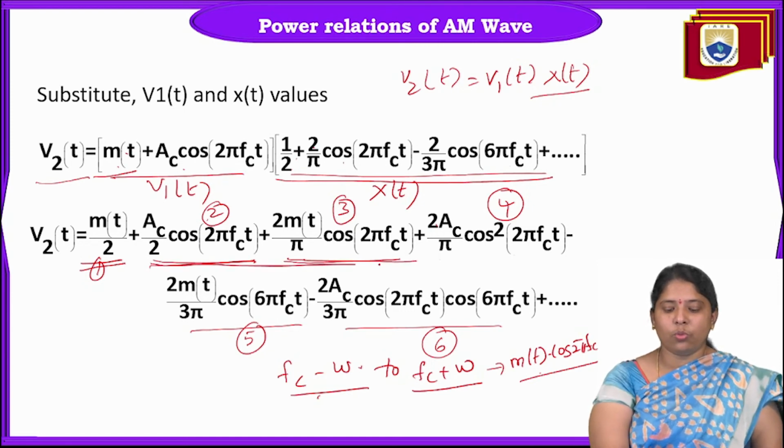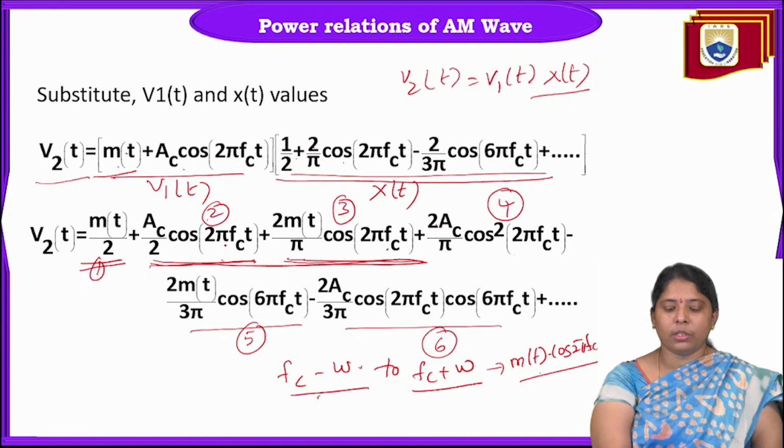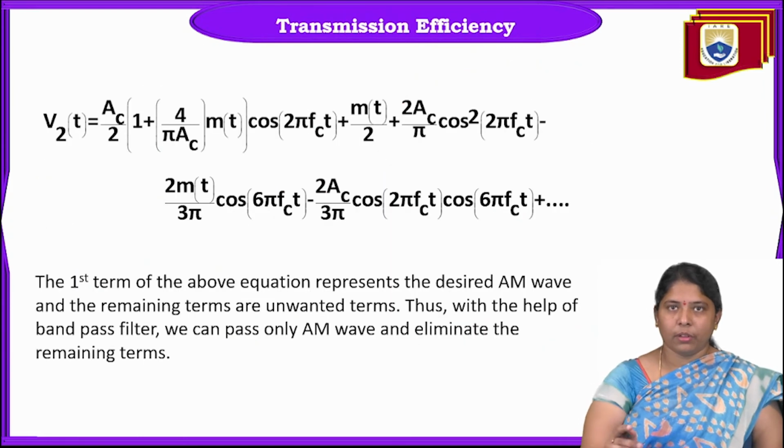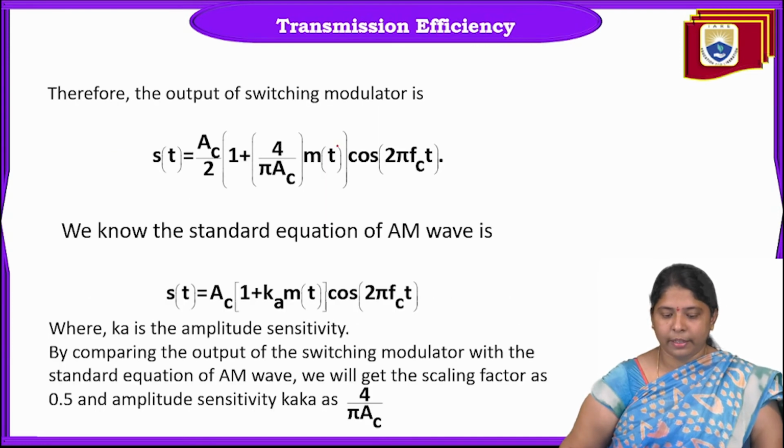So from these two terms, we will take the common AC cos 2 pi fct, because the frequency in this term is Fc and the frequency in this term is also Fc. So from terms 2 and 3, take the common AC cos 2 pi fct.